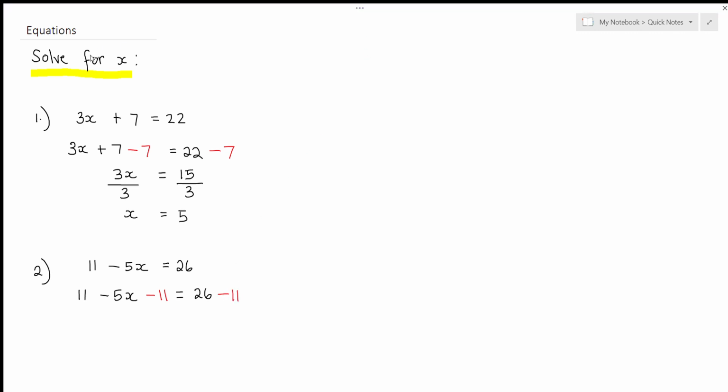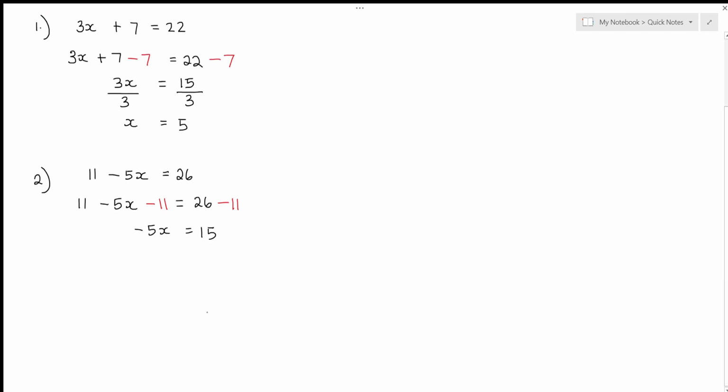So, on the left-hand side, I now have 11 minus 11, which will give me 0. And I'm now left with negative 5x equal to 26 subtract 11. So this would give me 15, right? Now, I've got negative 5x, which means negative 5 times x.